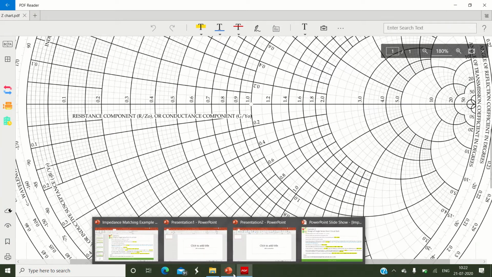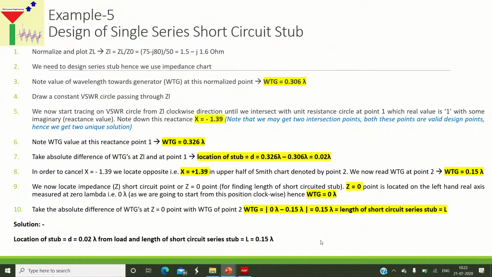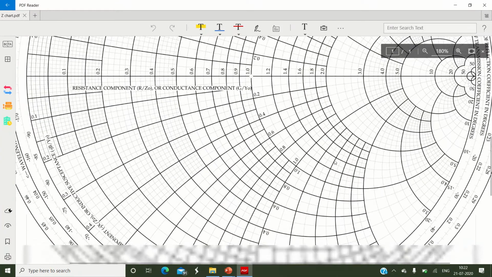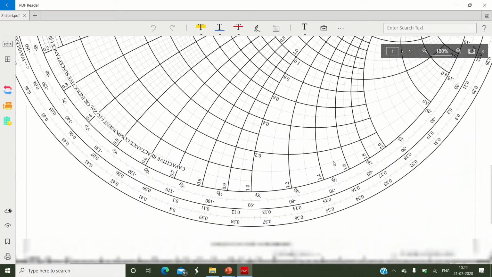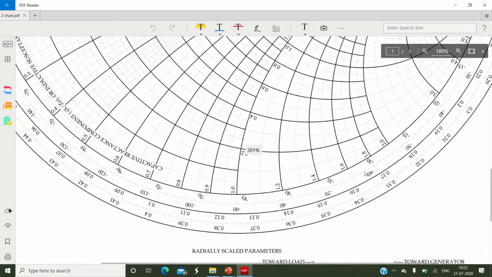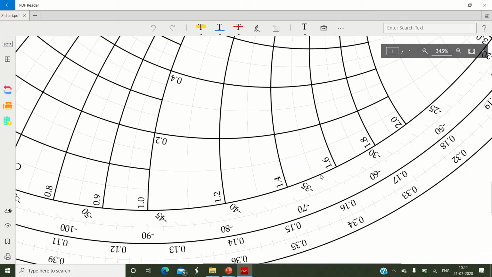So the impedance that we are looking for is 1.5 and negative reactance 1.6. So where is the negative reactance here? If you scroll down and come to the downside, here the 1.6 value is represented. You can zoom in, and here you can see that the reactance is negative. It will be indicated by this curve or arc.